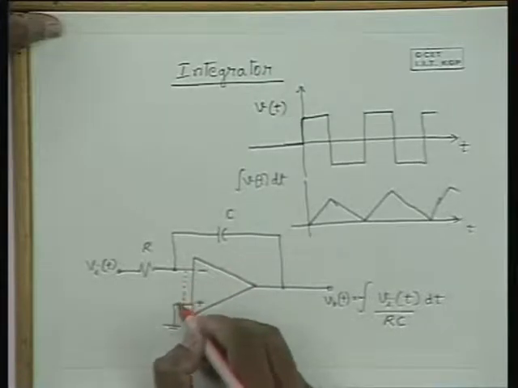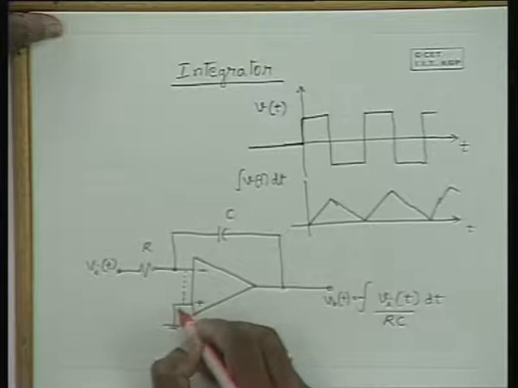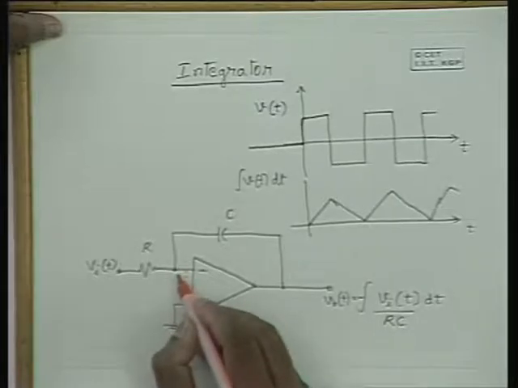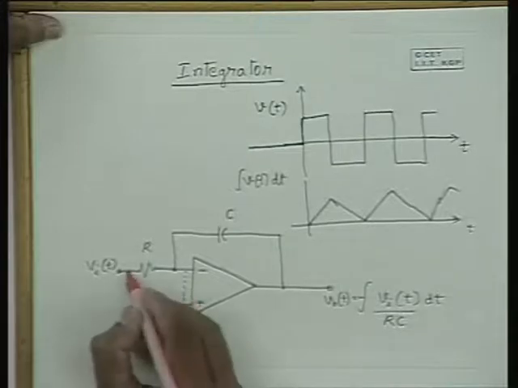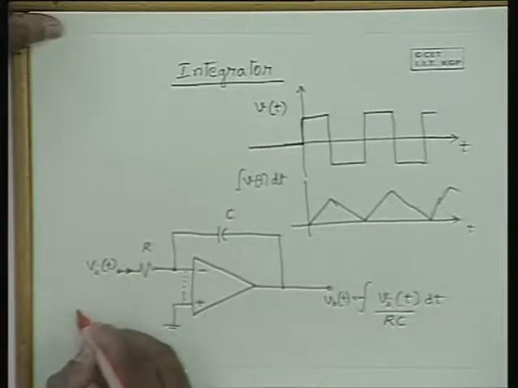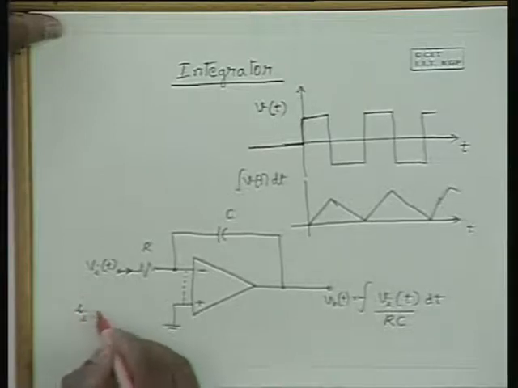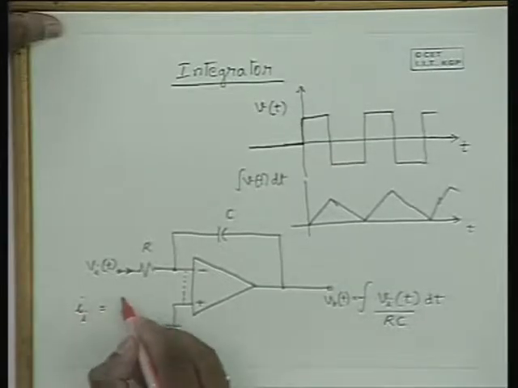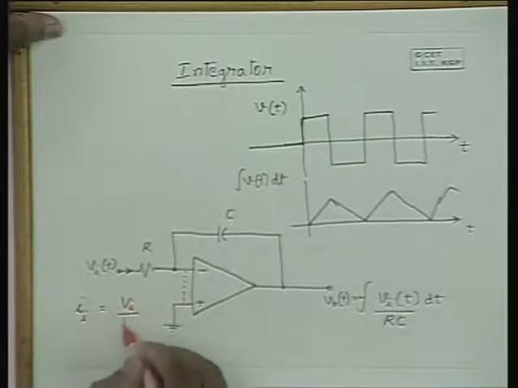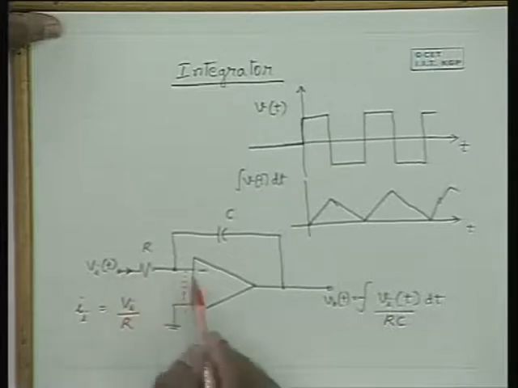Since this is at ground potential, this is also at ground potential because it is a virtual short. Hence, the current that flows through the circuit, which is a time function, I am not showing it explicitly, can be obtained as Vi divided by R according to Ohm's law, because that is the voltage applied across the resistance since the other end is 0.